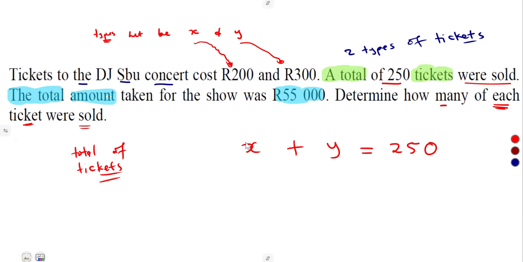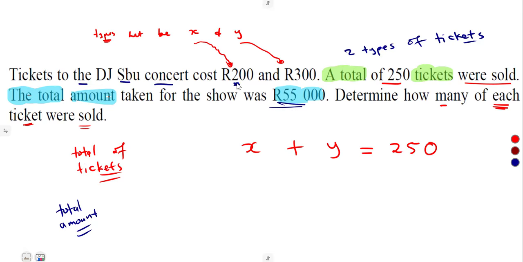Each type combined together, then we have the total amount taken, which was 55,000. What does the total mean? Remember, we are saying there is a cost of 200 Rand a ticket.